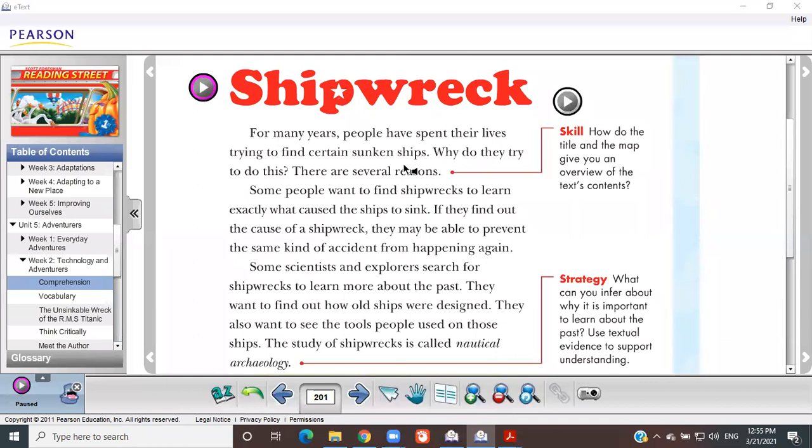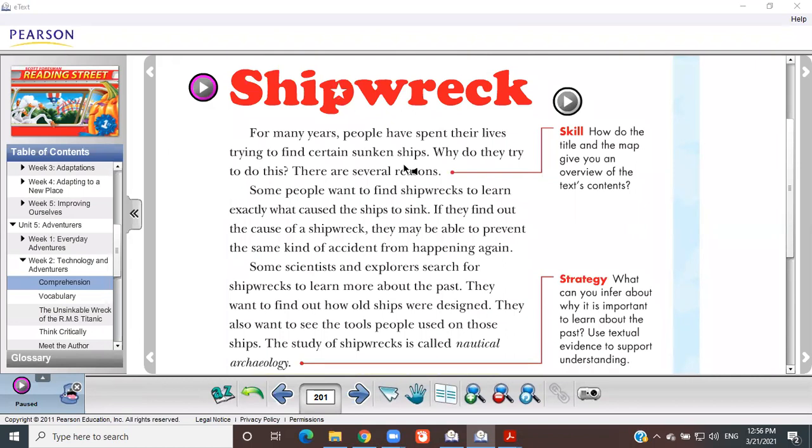What women love most? Gold, diamonds, jewelry, right? So they will go to the sunken ships to try and find gold. Yes, amazing. That's exactly it.